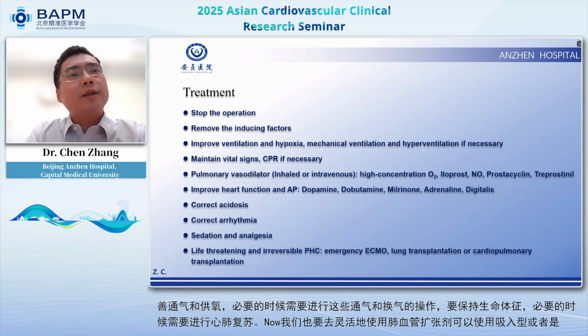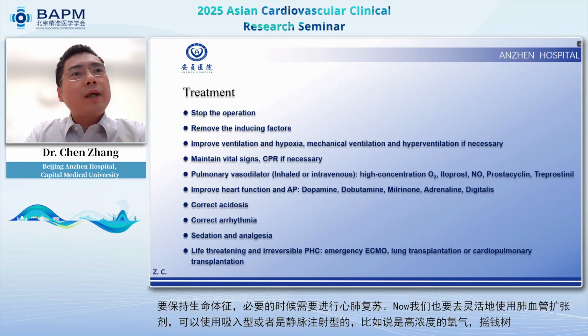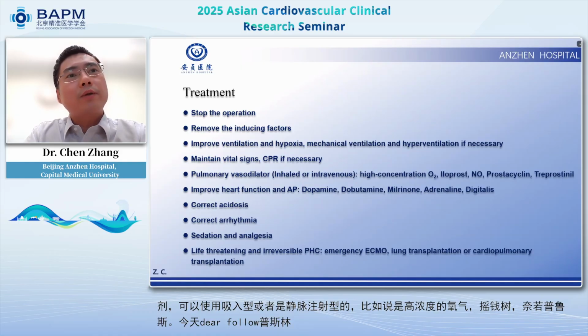If the PHC is life-threatening and irreversible, emergency ECMO, lung transplantation, or cardiopulmonary transplantation may be considered.